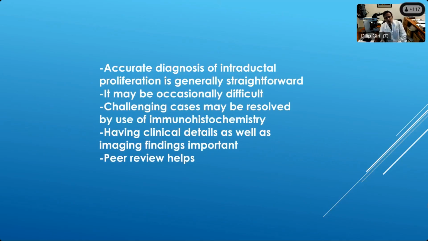Now, I just want to end this discussion of intraductal proliferation with this comment that most of the times the diagnosis is straightforward. It may occasionally be difficult, and there may be challenging cases which even for an experienced pathologist may be difficult to resolve.